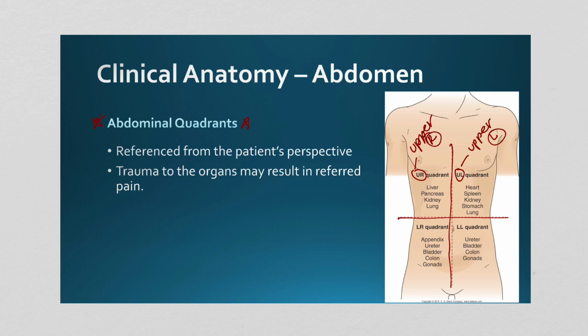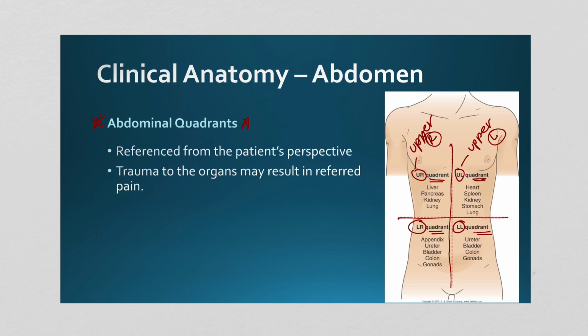And then you can guess what this would be: lower right and then lower left quadrant. As you palpate, you want to be very systematic in the ways in which you do that. Typically, we're going to start away from the pain and then move in toward the pain during our palpation of the abdominal region. But the four abdominal quadrants are important because when a patient points to an area of pain, we can at least in our mind be thinking about which internal organs might be injured or compromised based on the location of pain.